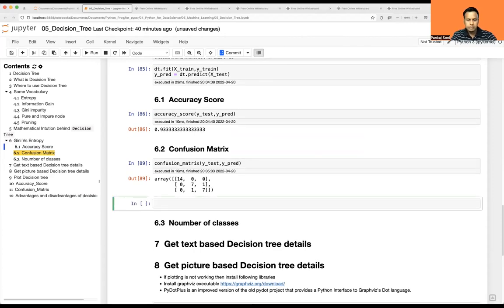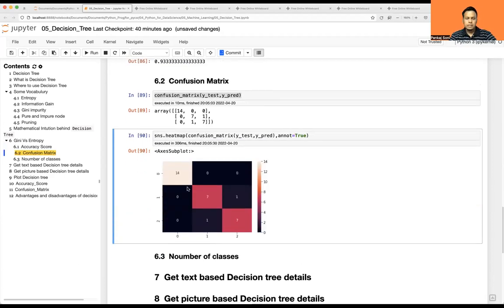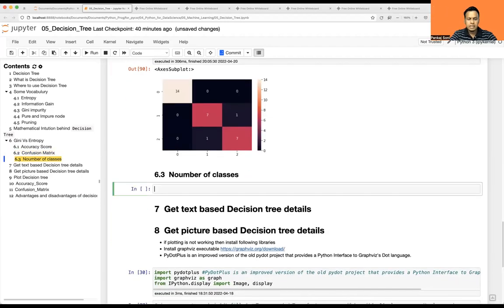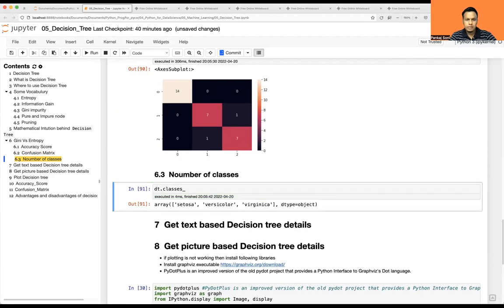Okay, let's go ahead and visualize it. sns.heatmap, then I'm going to pass the whole thing here. Annotate true. So 0, 1, 2 is nothing but your Setosa, Versicolor, and Virginica classes. If you want to see which class we are referring to here, we have something called classes.